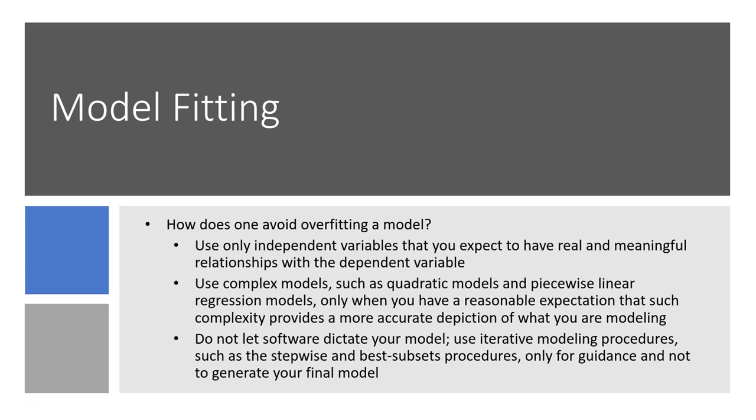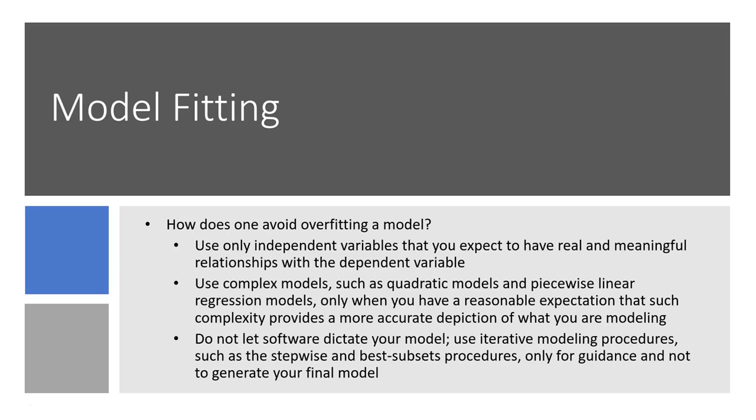Sometimes you might want to use complex models like a quadratic model or a piecewise linear regression model. But you can do that when you have a reasonable expectation that that level of complexity is going to provide you a more accurate picture of what you're looking at. And one of the big things to pay attention to is don't let your software tell you what to do.